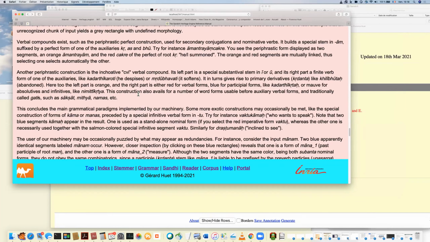So you have this special form of the pratipadika in order to make special compounds. Mrdu bhavati, it softens. So you have this mrdu special form. Mrdu bhavati.